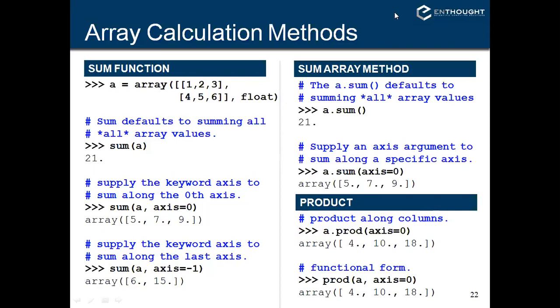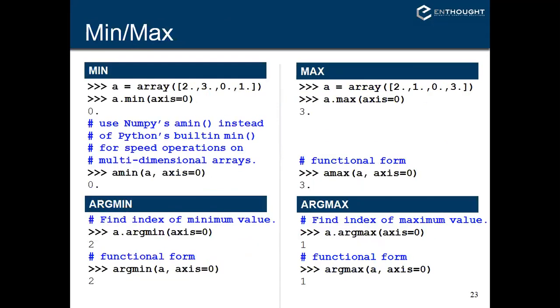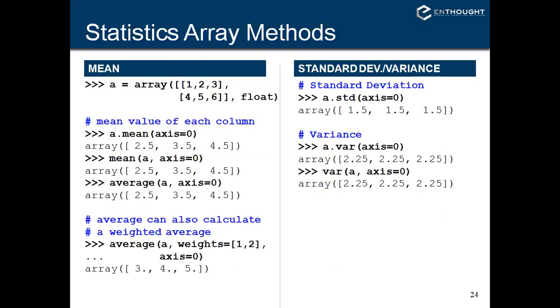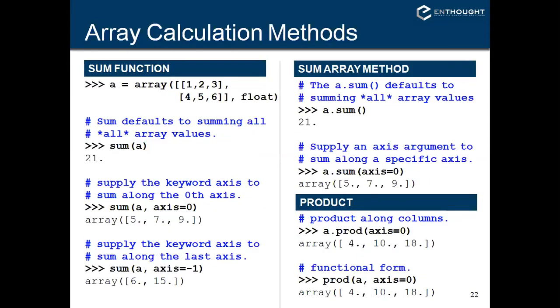Now, array calculation methods. If I am having an array, then how is the sum possible, how is the subtraction or addition possible? Let's see. Min-max, statistics of the arrays, other different methods of arrays. So let's see it one by one. These are the standard types. We do not have to add arrays by using a number of loops in normal programming.